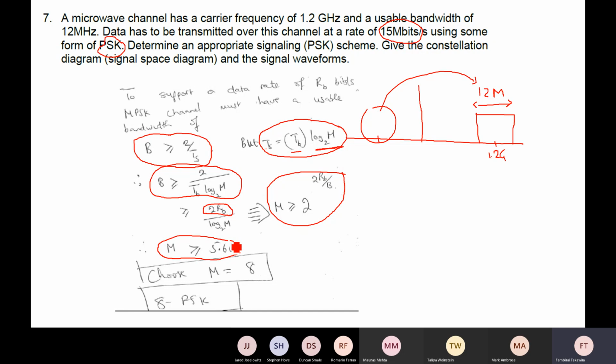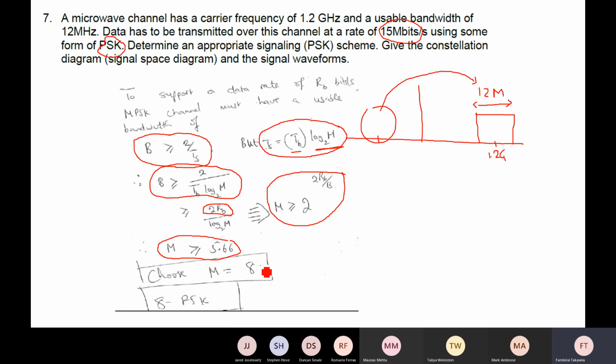But with the modulation schemes that we've looked at, the number of waveforms that we use, which is capital M, is a number which is a power of 2, which means M can take values of 2, 4, 8, 16, etc. So in this particular case, if we are to ensure that we meet the bandwidth requirements, we have to choose a value of M which is greater than 5.66 and is given by 2 raised to some integer.